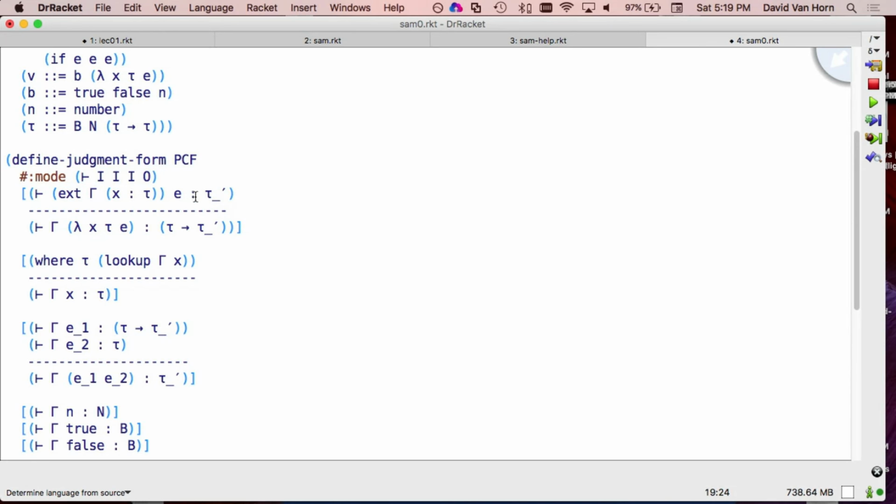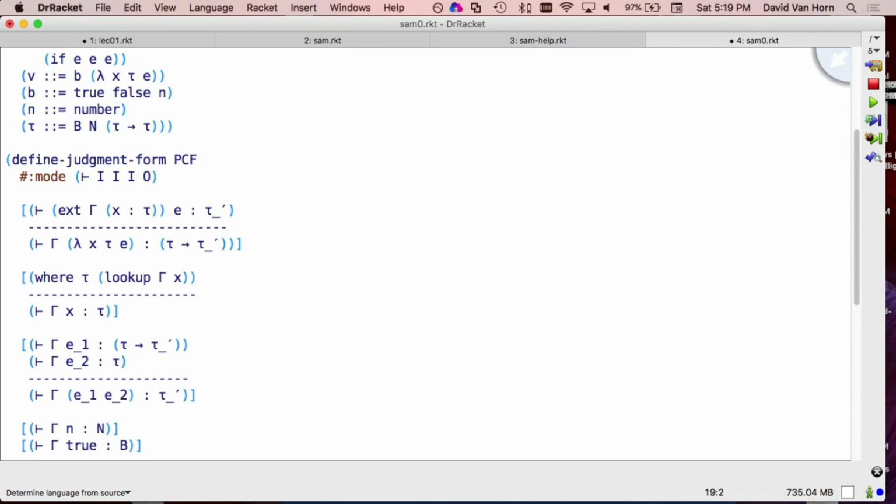And because Sam wrote the colon, which is just a bit of syntax and notation here, I just pretend that's an input, so I can write colon. And then what's computed, the output, is going to be the type. But beyond that, things should look pretty close to what was on the board.